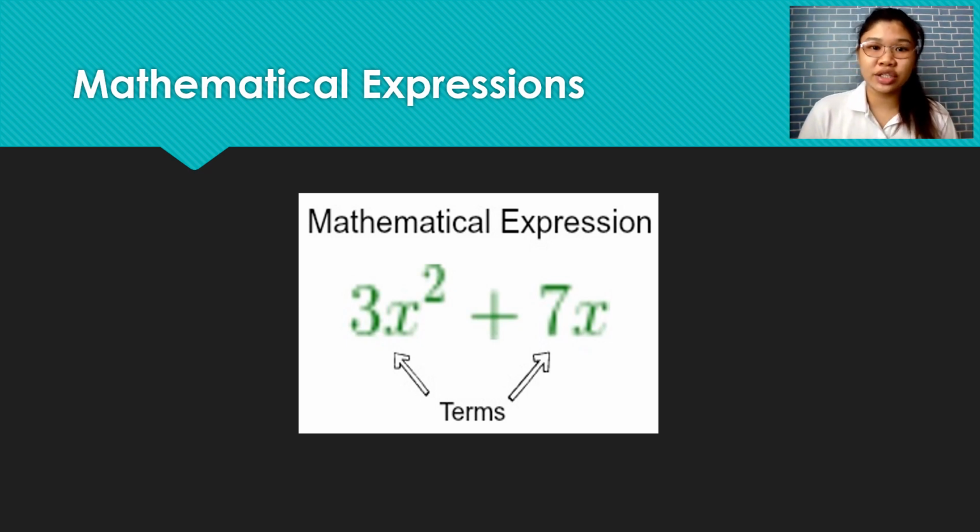Obviously, the terms are separated from other terms. In general, a mathematical expression can be separated by symbols of plus, minus, multiply, or the other symbols that I mentioned. A single term may also contain an expression in parentheses or other grouping symbols. So take note of that.